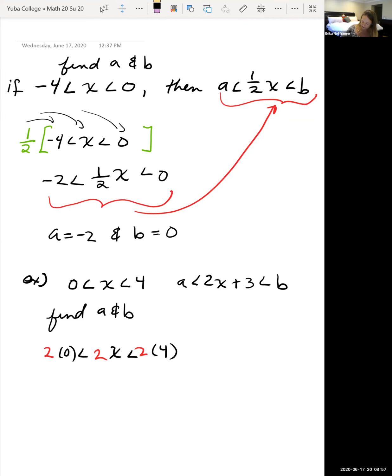So 2 times 0 is 0. This is less than 2x, which is less than 8. It's not quite the same as what we have in between the a and b up here. In order to get that plus 3, and we can do this because they're inequalities, we can just add 3 to all three sides.